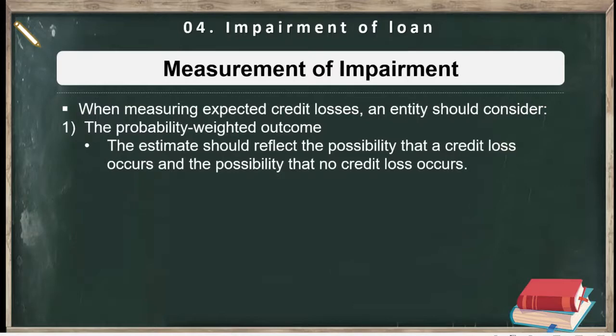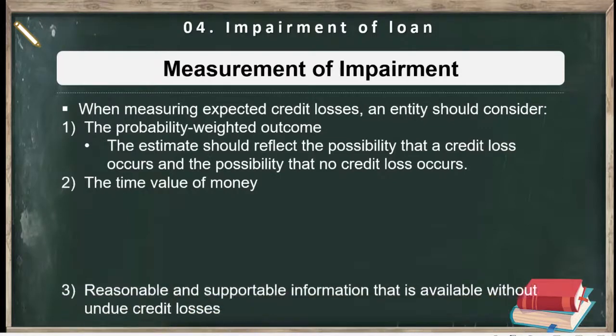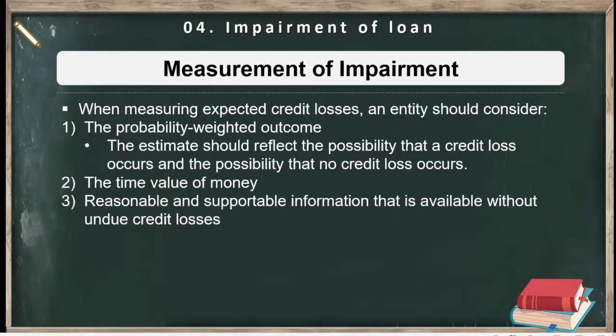The estimate should reflect the possibility that a credit loss occurs and the possibility that no credit loss occurs. Or we can use the time value of money wherein the expected credit losses would be discounted. And we have the reasonable, supportable information that is available without undue cost or effort.